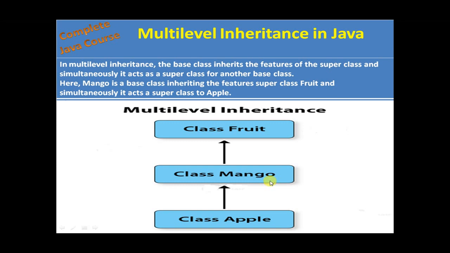And the extra methods or fields available in the mango class will also be inherited in the apple class. So the apple class has the fruit class properties, the mango class properties, as well as the extra properties defined in the mango class. So this is called multi-level inheritance.